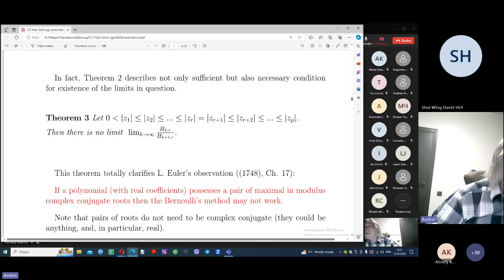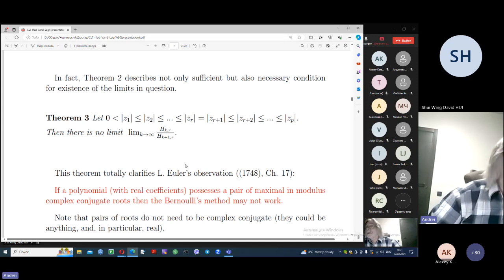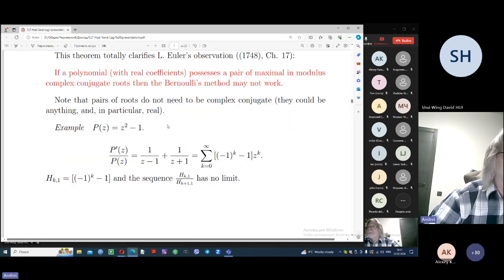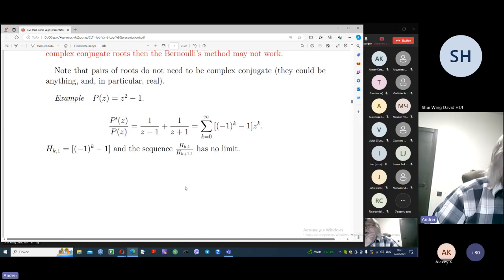In fact, the theorem tells us the corresponding roots do not need to be complex conjugated. They do not need to be complex. In fact, they can even be real. So one can consider the example of the following polynomial and consider the corresponding Taylor series, and of course there is no limit for this ratio.